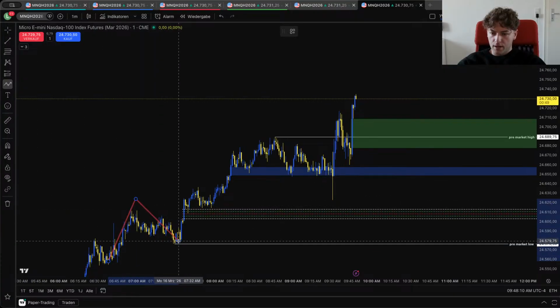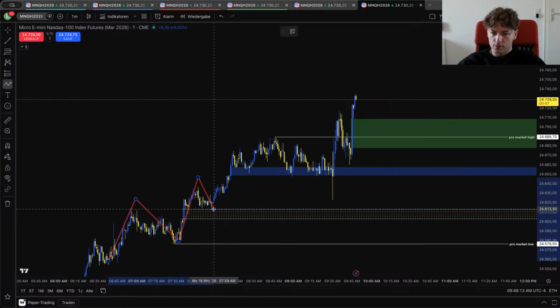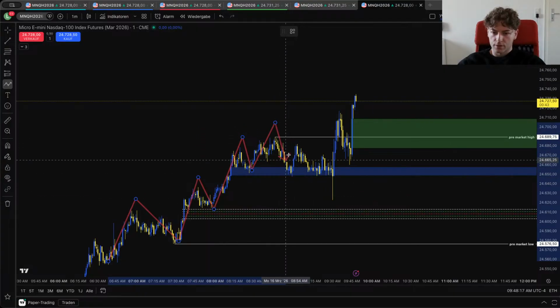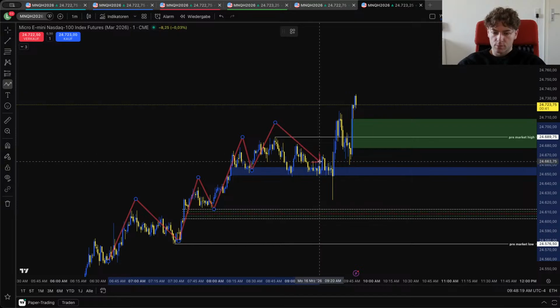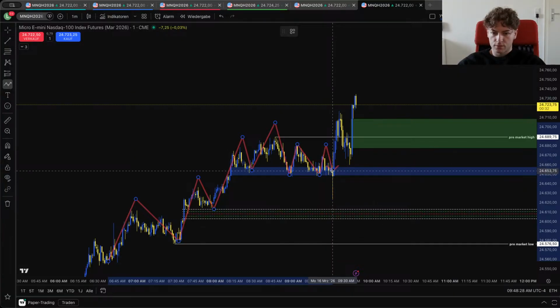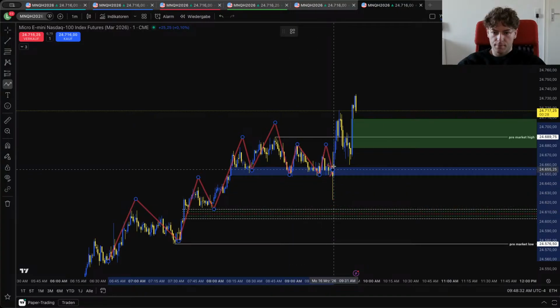We make higher highs, higher lows, higher highs, higher lows. Okay, consolidation before the market opens. Market opens here. A little manipulation to the downside.